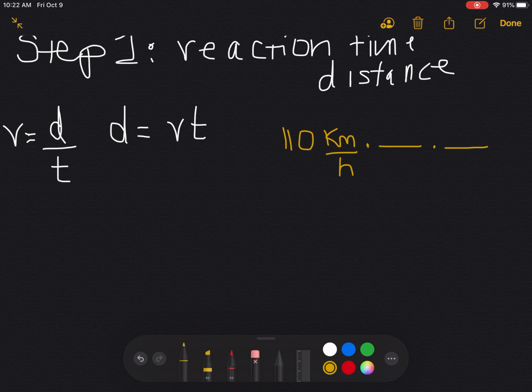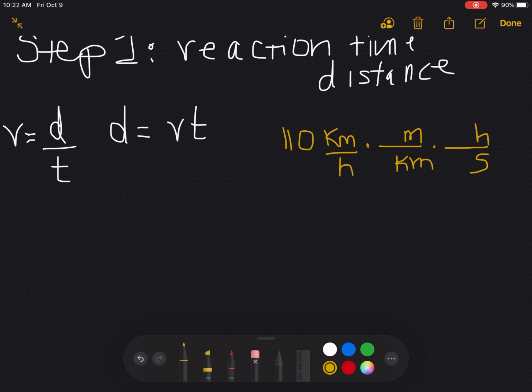We have kilometers over hours. To get rid of our kilometers, we need to put kilometers on the bottom. To get rid of hours, it's on the bottom, we need to put it on the top. Now, what we're changing to is meters, and what we're changing to is seconds. So that's what we put on either of those.